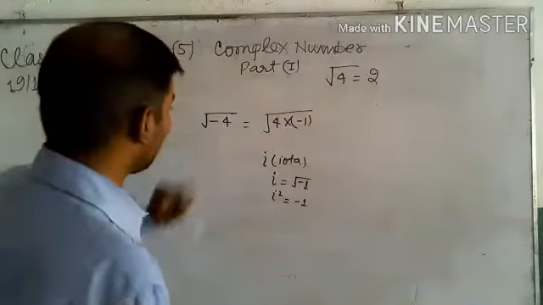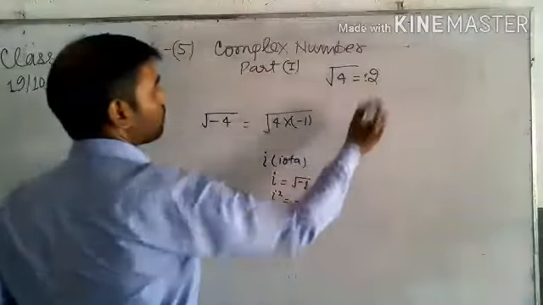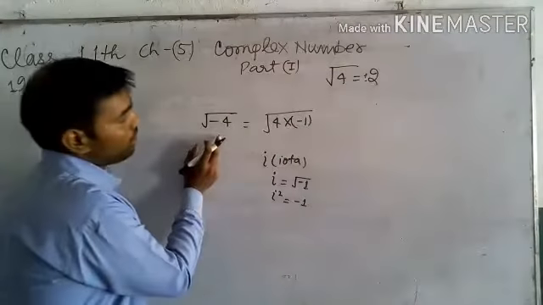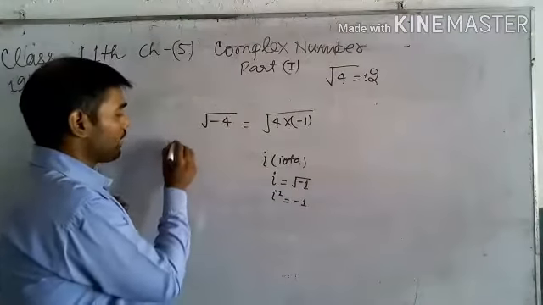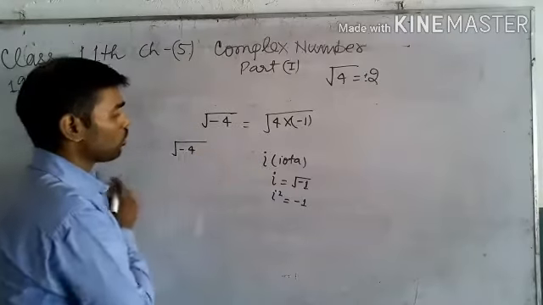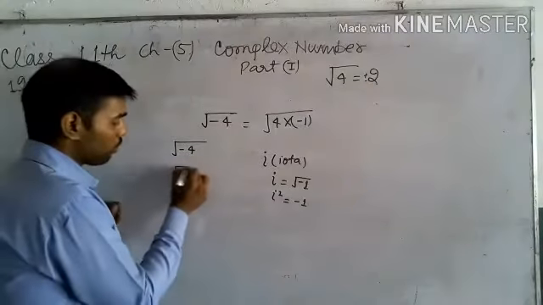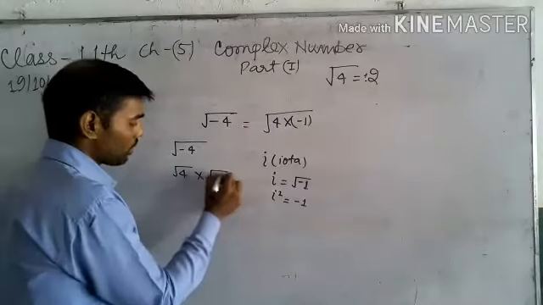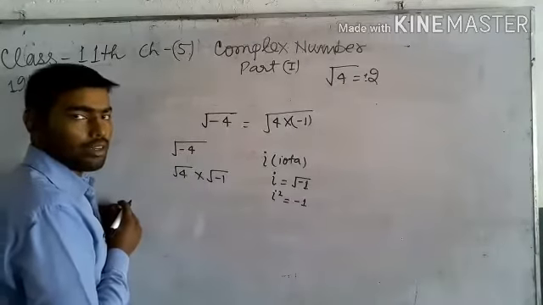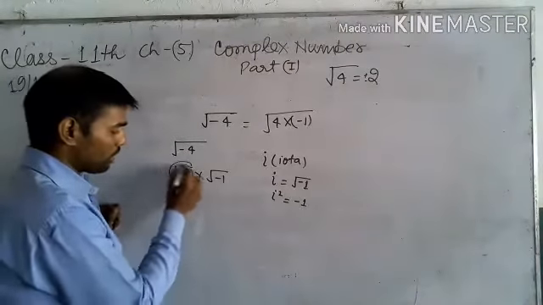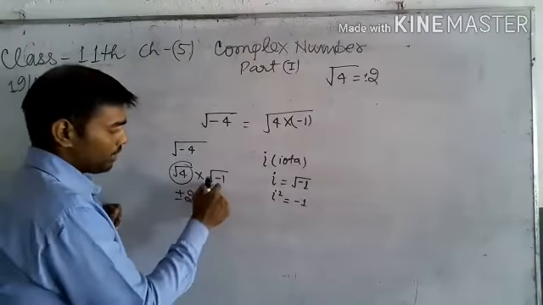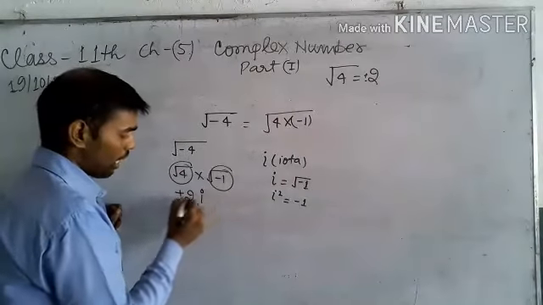So we can write the value of this as plus minus 2. Now root of minus 4 can be written as 4 into root minus 1, and the value of root 4 is plus minus 2, and root minus 1 is equal to i.